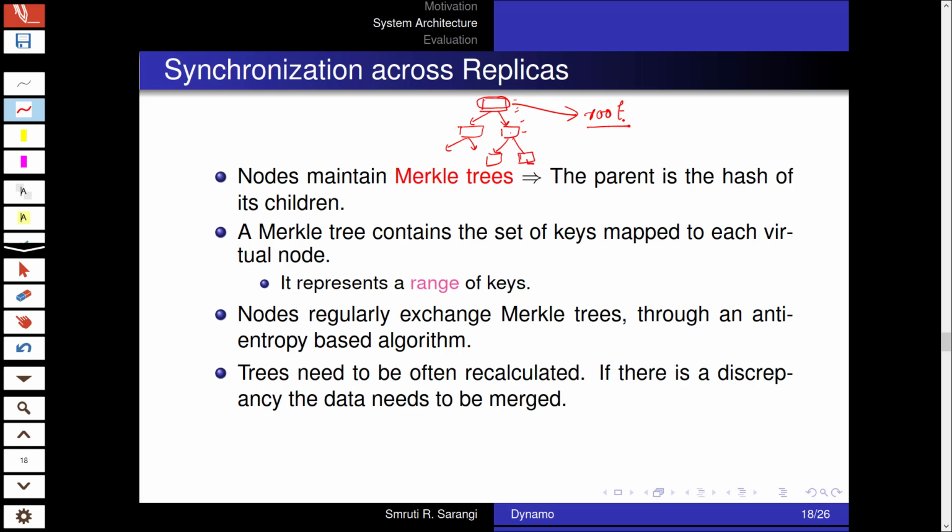So if I just recompute the Merkle tree and just compare the contents of the root of the Merkle tree, that is equivalent to comparing the contents of the entire data that each tree represents. In this case, the Merkle tree contains the set of all the keys that are mapped to a virtual node. So it essentially represents a range of keys that a virtual node stores.